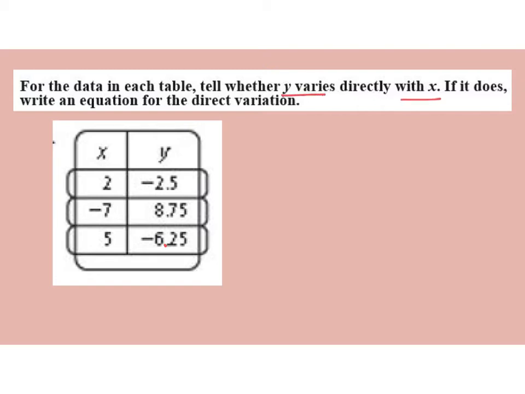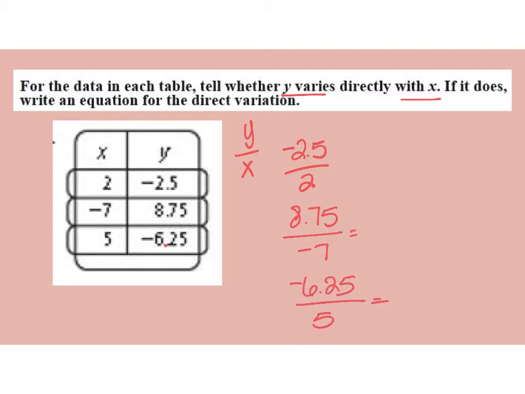Does y vary directly with x? So we're setting up the ratio of y over x. So we'll have negative 2.5 over 2, 8.75 over negative 7, and then negative 6.25 over 5. Again, we're just using division to see if we're multiplying by the same thing each time.